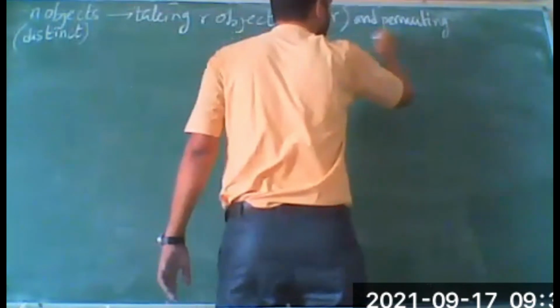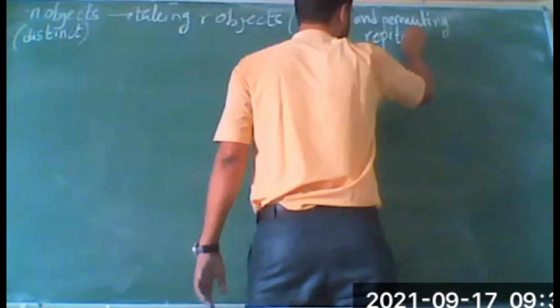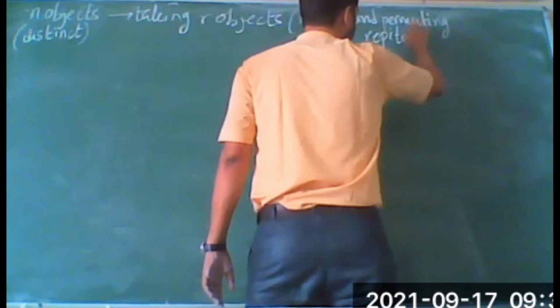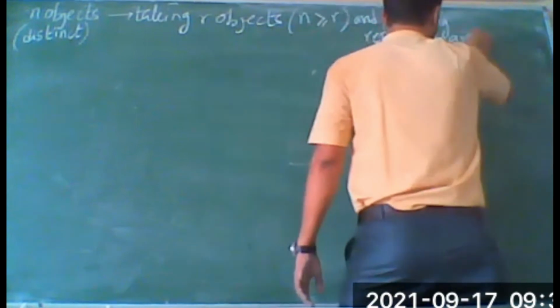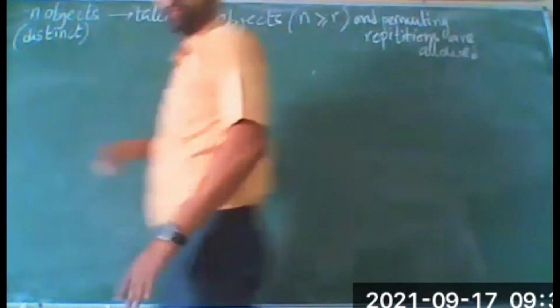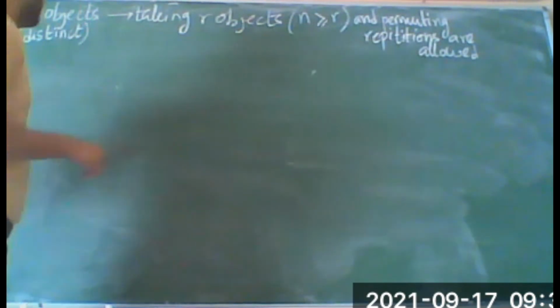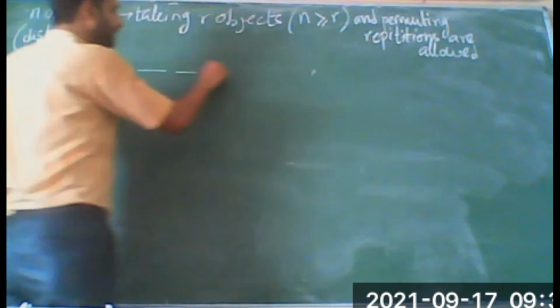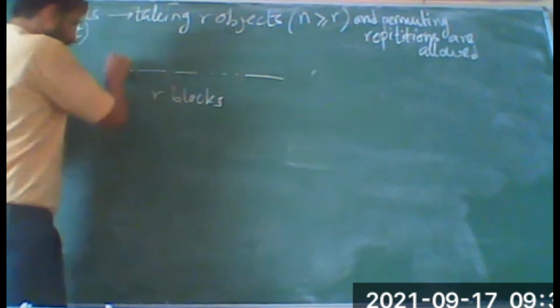Now if I ask you that repetitions are allowed, then what is the number of permutations? It is n to the power r. Because we have r places, r blocks, and each block has n possibilities.